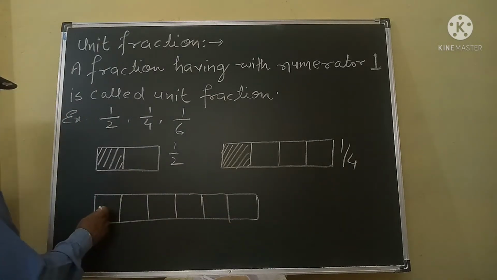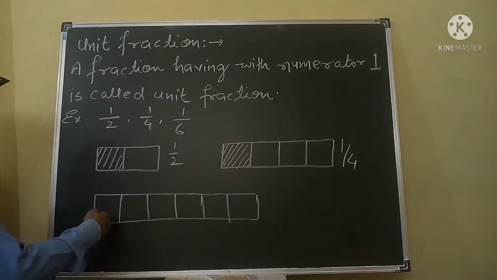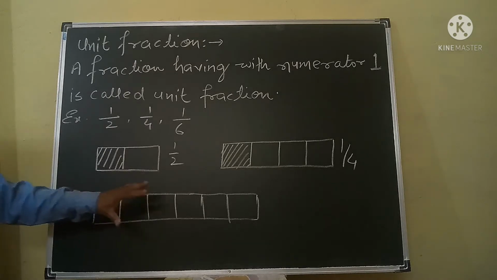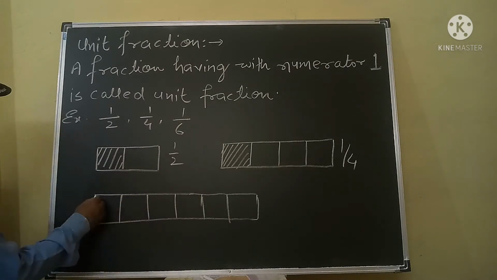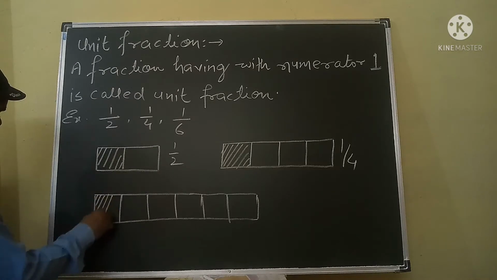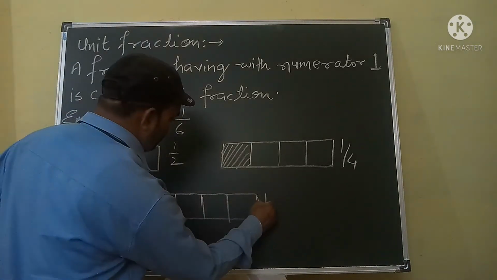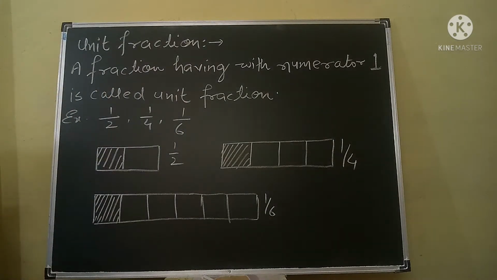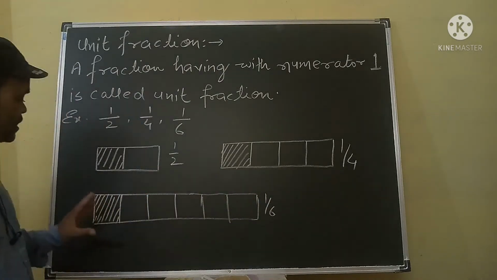As you are looking, 1, 2, 3, 4, 5, 6. In these 6 equal parts, only one block is shaded. That means the fractional part of the shaded portion is 1 upon 6.